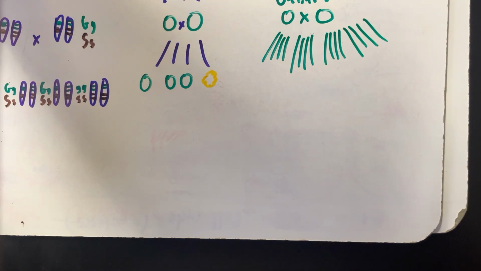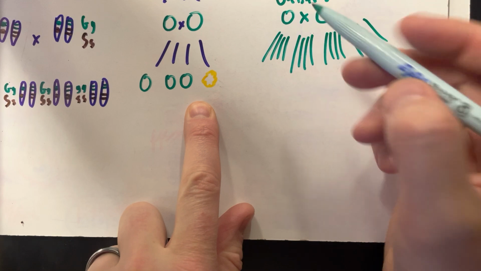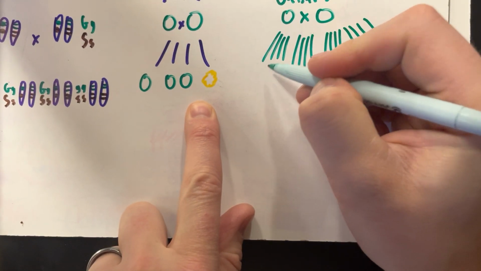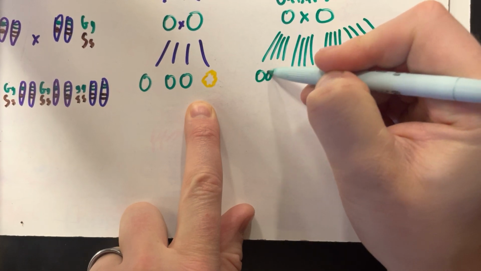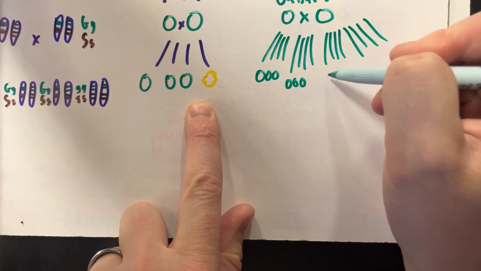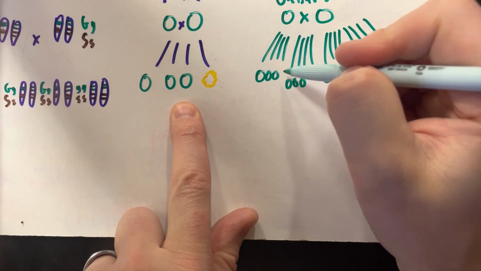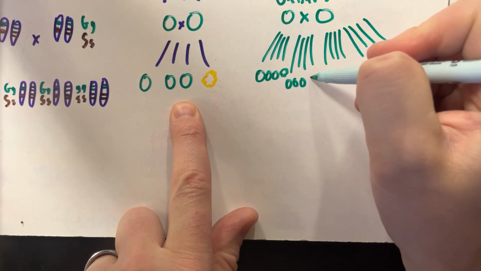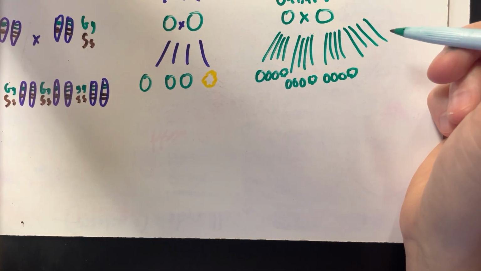If it was unlinked, you'd expect 3/4 of them to be green. So green, green, green, green, green, green, green, green, green. But of those, you'd expect 1/4 of them to be wrinkly. So green and wrinkly, green and wrinkly, green and wrinkly, right?